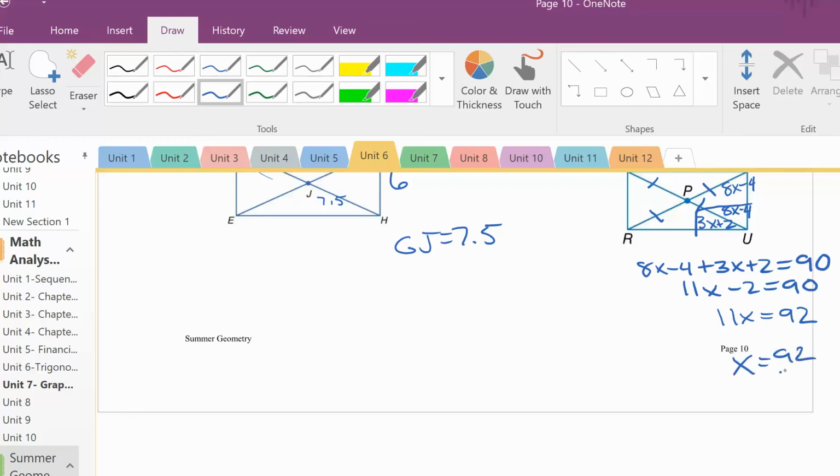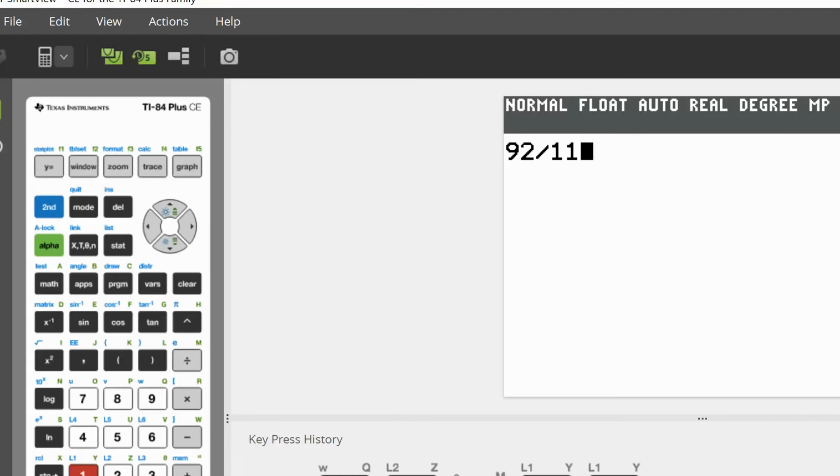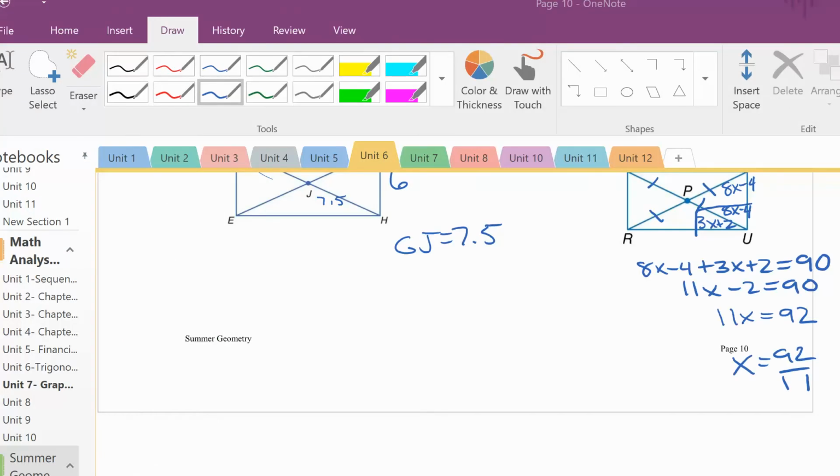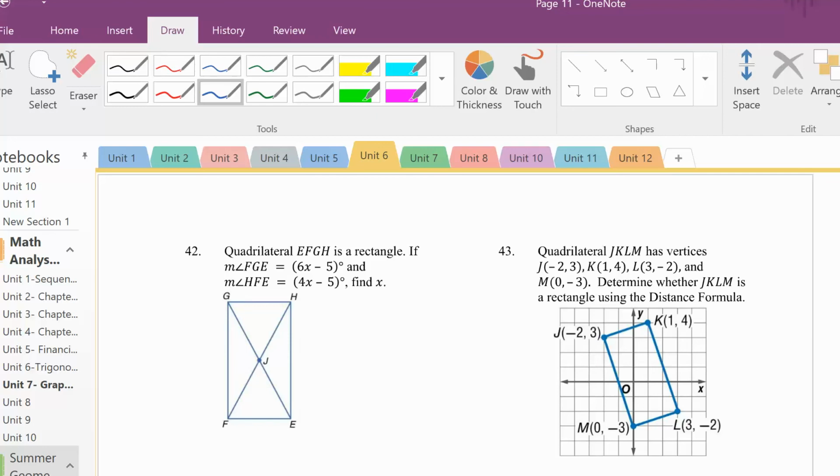So x is equal to 92 divided by 11, which when you calculate that, equals 8.4. So there's x.